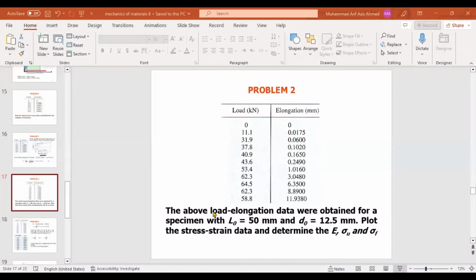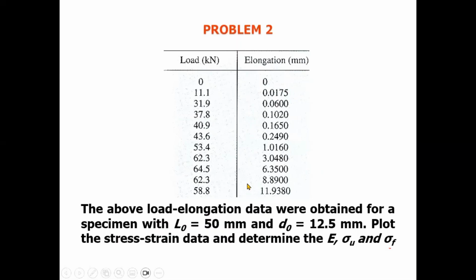Okay, now go to the PDF Word file again. Here you can see that we have L naught is 50, D naught is 12.5, and this is the force and this is the elongation.